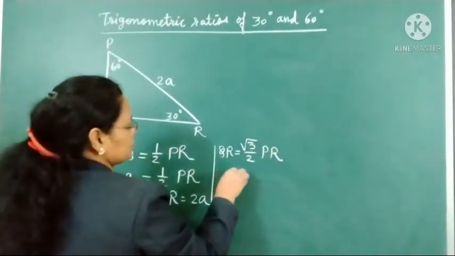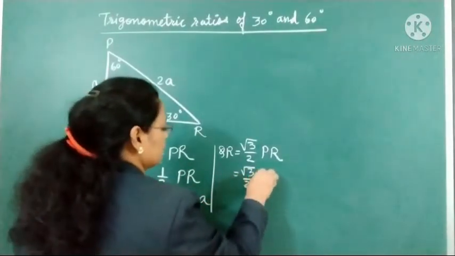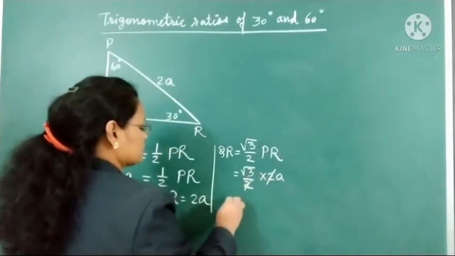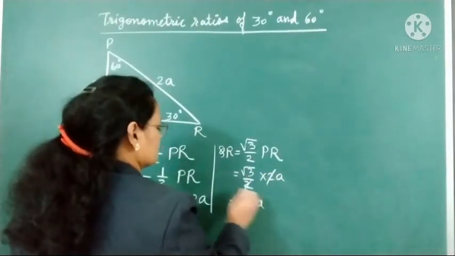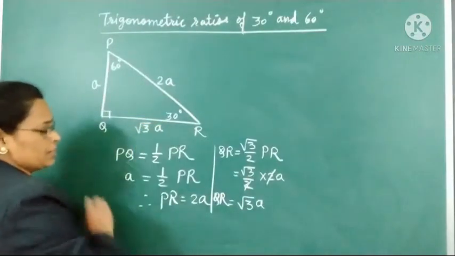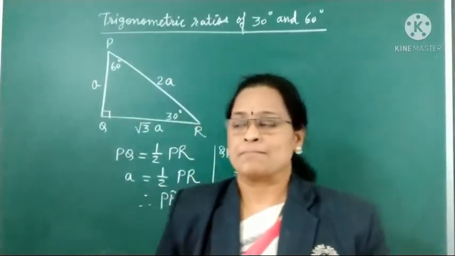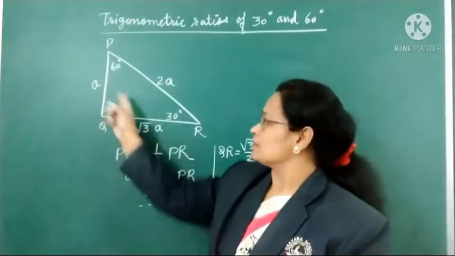QR we have to find out. PR we have found 2A. Let's cancel these two. What is the length of side QR? That is root 3 A. So like this way we have got all the three sides, hypotenuse and other two sides also.